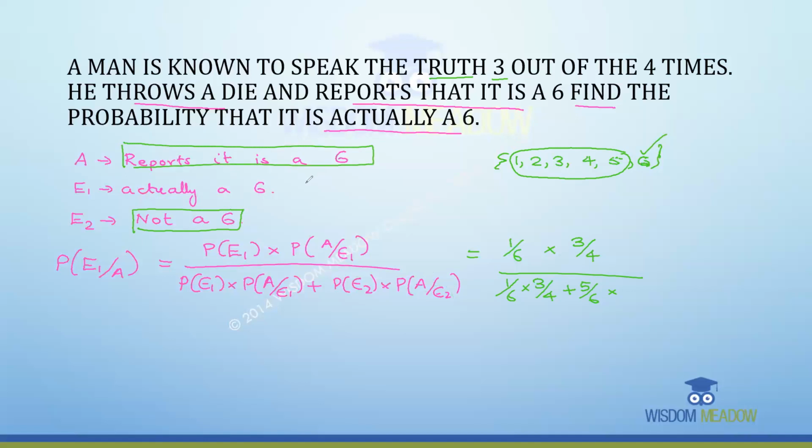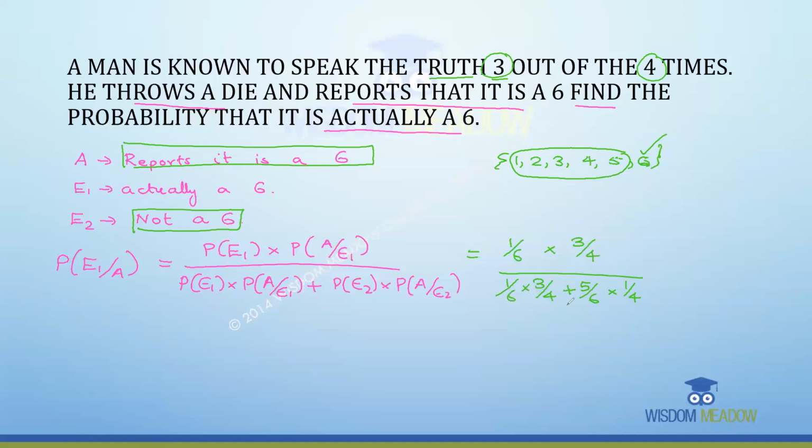So it's not a 6 and then he reports that it's a 6, which means he's telling a lie. The probability of truth is given as 3 out of 4, so the probability of a lie would be 1 out of 4, because the probability of truth plus probability of telling a lie sums to 1. So that's how I got 1 over 4.